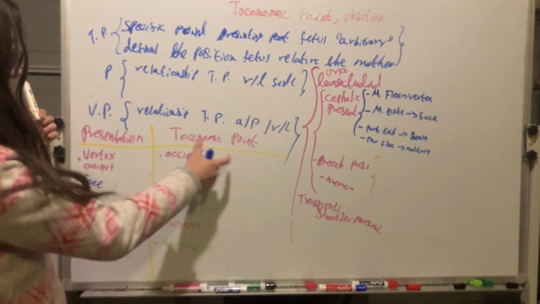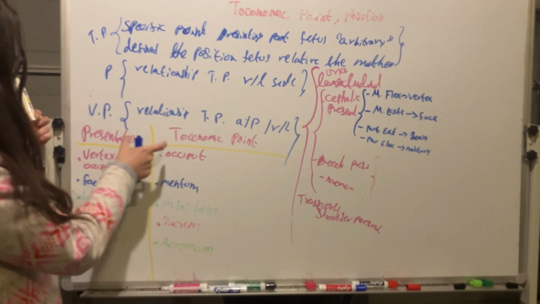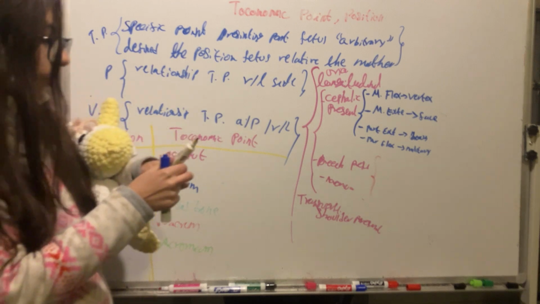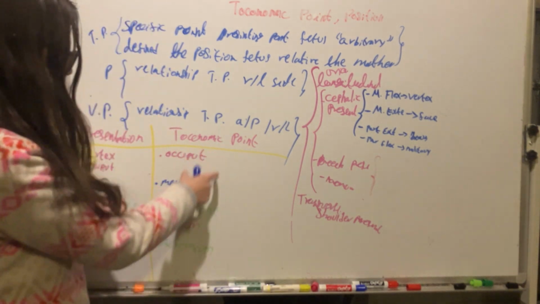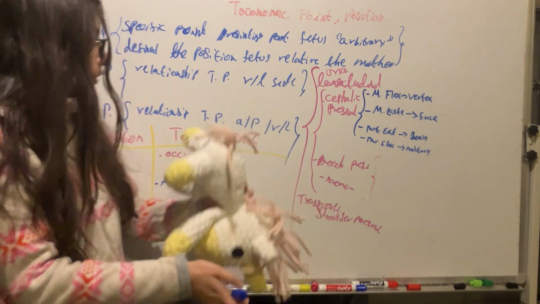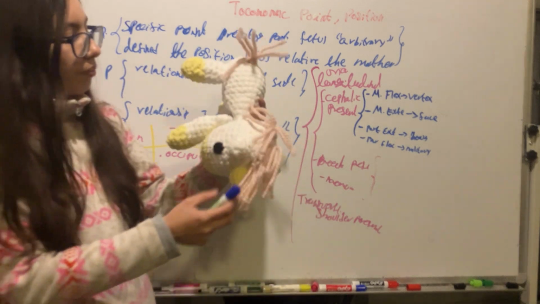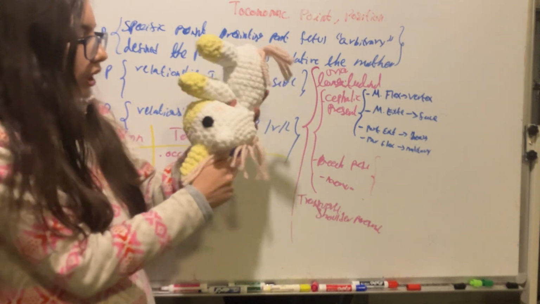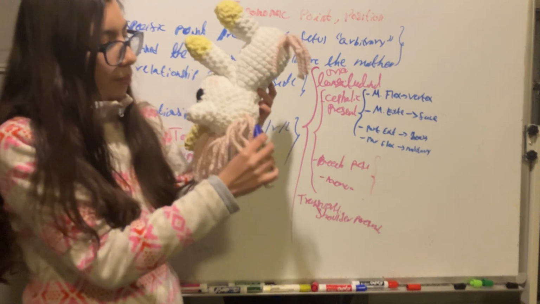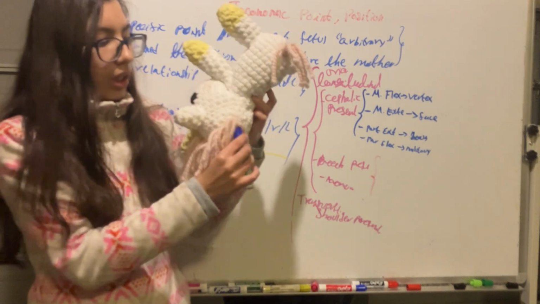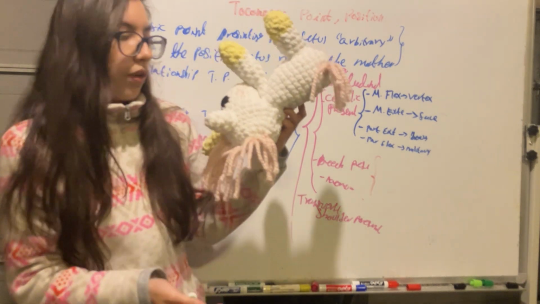So this is the tocogonic point of the presenting part. For example, in vertex presentation, the occiput is the point with which we are going to define how this point is relative to the mother: anterior, posterior, right, left.